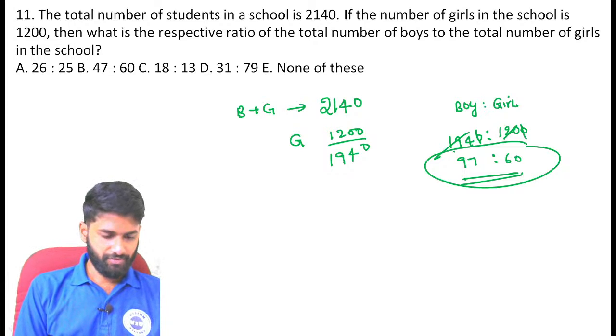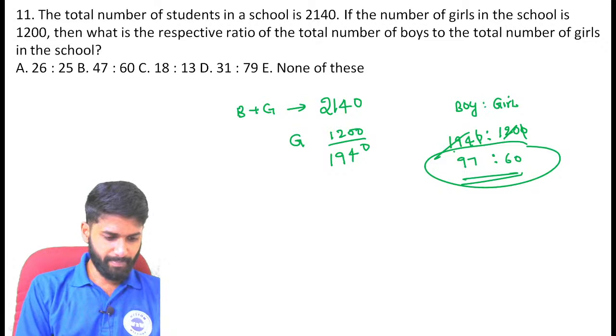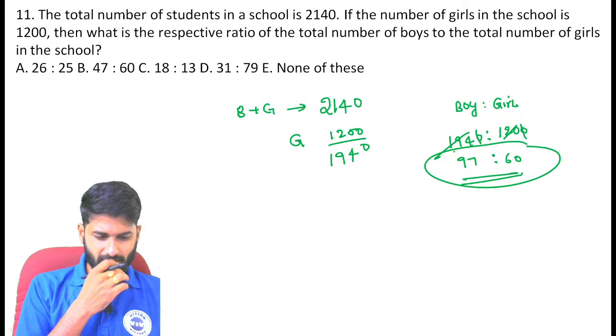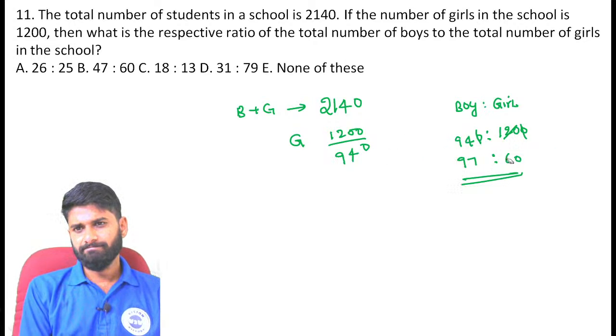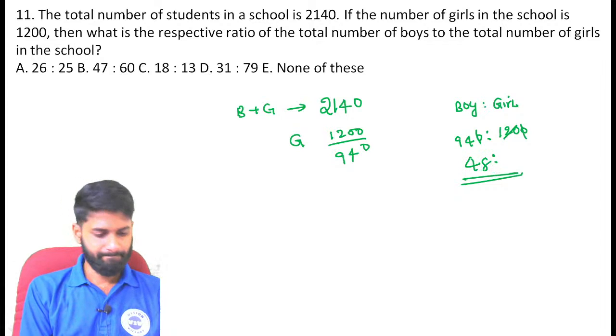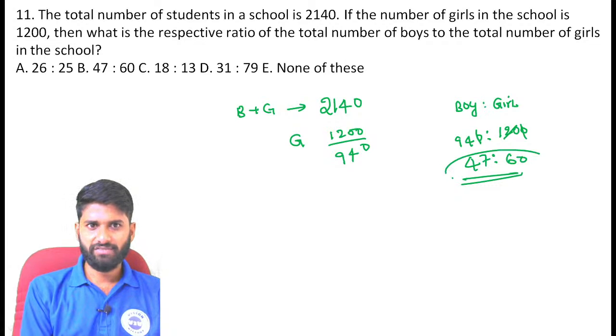Yes, very good. So for the first question, the answer 97 is to 60 is the correct answer. That is a direct question, no? Guys, just wait. Oh, sorry, it's 940. 94 means 47 is to 60.